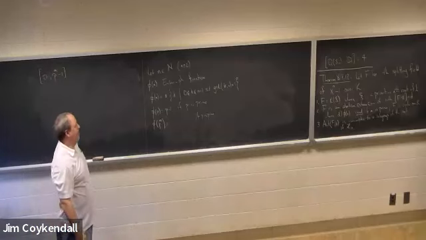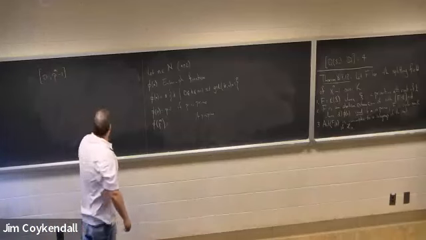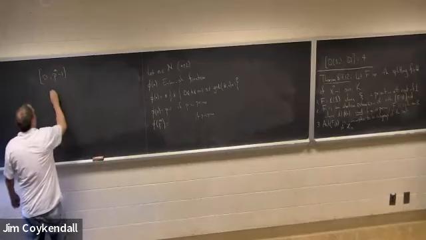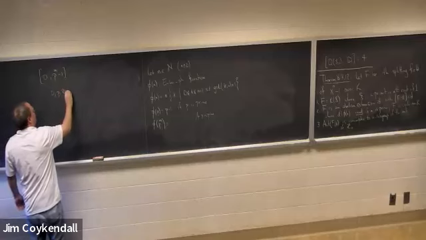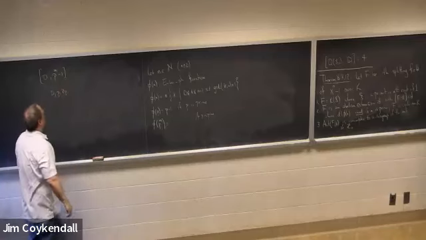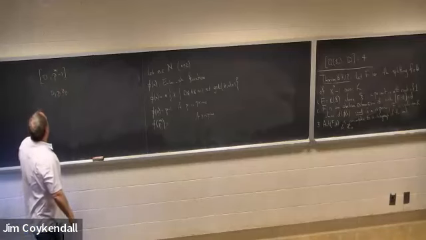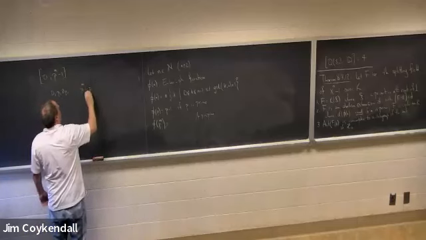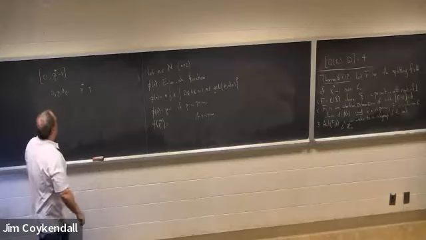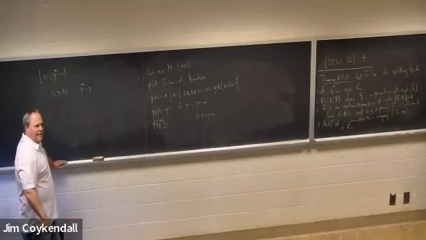Let's count how many things actually have a factor of p. Well, 0 does, p does, 2p does, and all the way up to, I guess, p to the m minus p. Everybody agree?